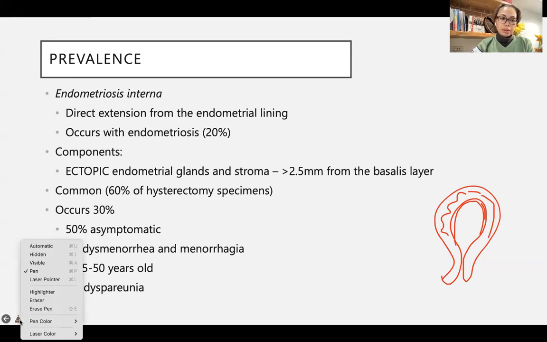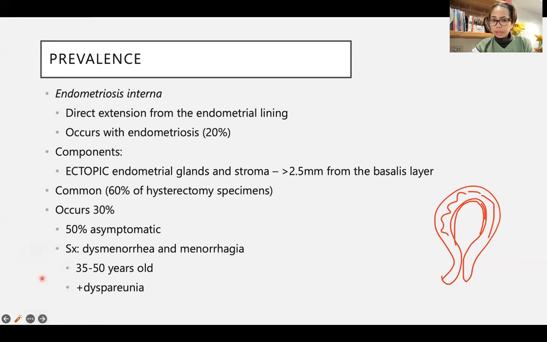Also, it's worth mentioning that adenomyosis is most of the time an incidental finding. In 60% of hysterectomy specimens we commonly find adenomyosis, although prevalence can be just around 30%.